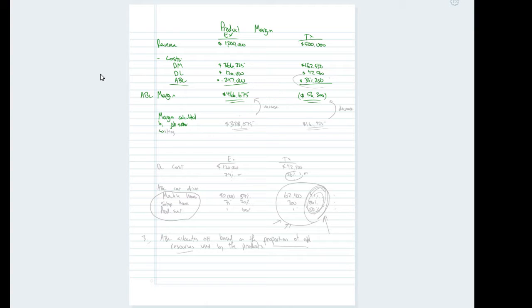Under the ABC approach, we're thinking very carefully about how the overhead costs are allocated, and we're trying to allocate those overhead costs on the basis of how the products actually use our overhead resources. So if we go back to the prior page and look at the use of cost drivers here, I'll rewrite them down here as I talk.